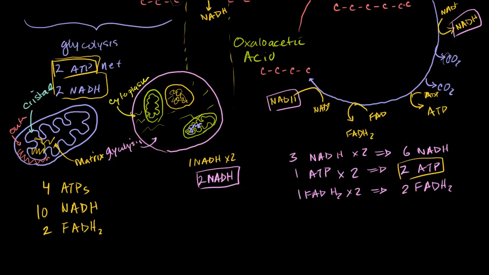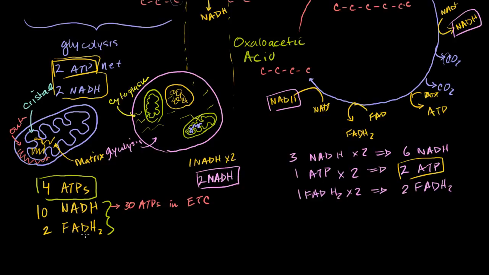So you might say, hey, where's our 38 ATPs? We only have 4 ATPs right now. But these are actually the inputs in the electron transport chain. These molecules right here get oxidized in the electron transport chain. Every NADH in the electron transport chain produces 3 ATPs. So these 10 NADHs are going to produce 30 ATPs in the electron transport chain.